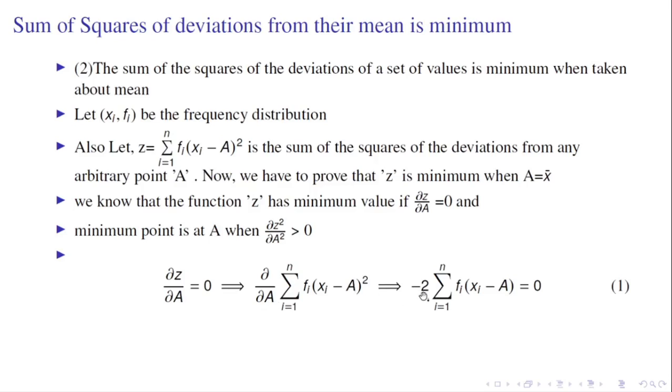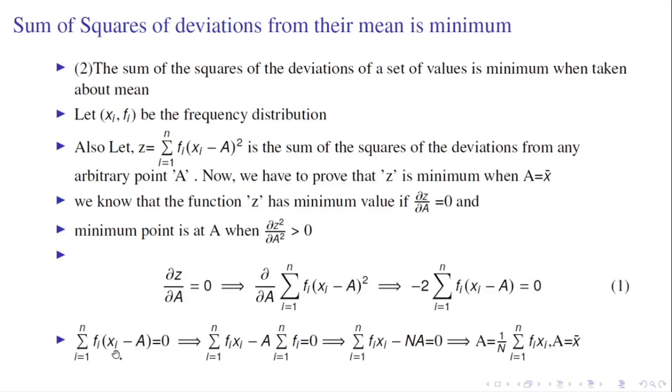So minus 1 into 2 is minus 2, and summation i is equal to 1 to n fi xi minus a remains here. This is equal to 0. And this minus 2 goes to the right hand side, becomes 0. Summation fi xi minus a is equal to 0.